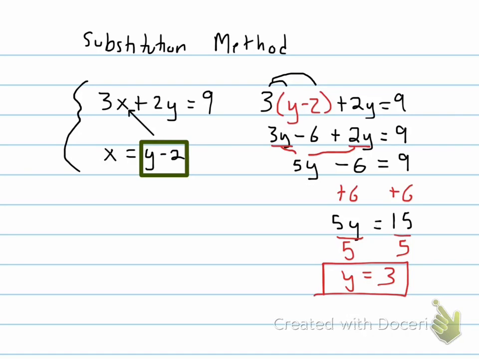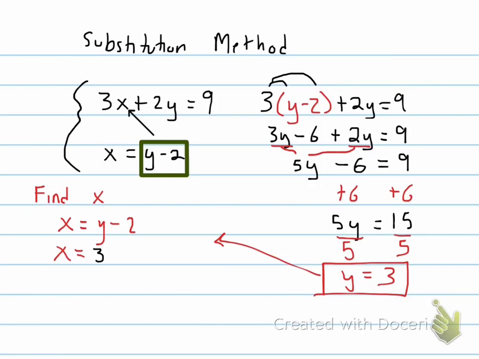To find x, plug it back in. So I know that x equals y minus 2. So I'm going to plug this number in to y. So x equals y, we just said was 3.